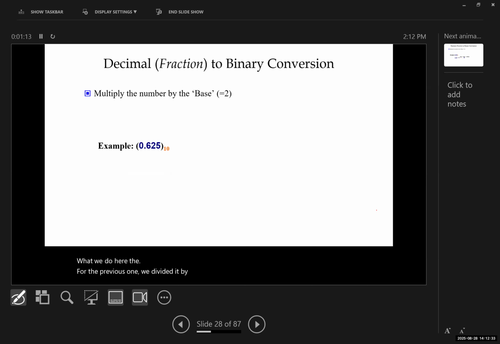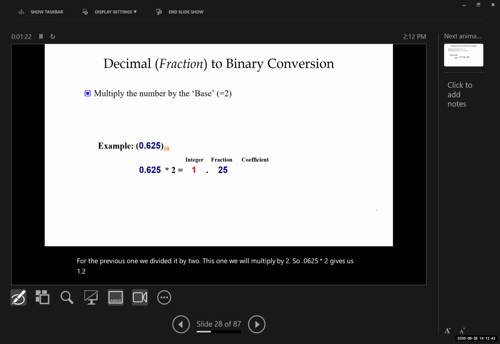This one we will multiply by 2. So 0.625 multiplied by 2 gives us 1.25. What we do is we ignore the integer. By ignoring, I mean that we don't multiply it again by 2, and we keep that integer as a coefficient.